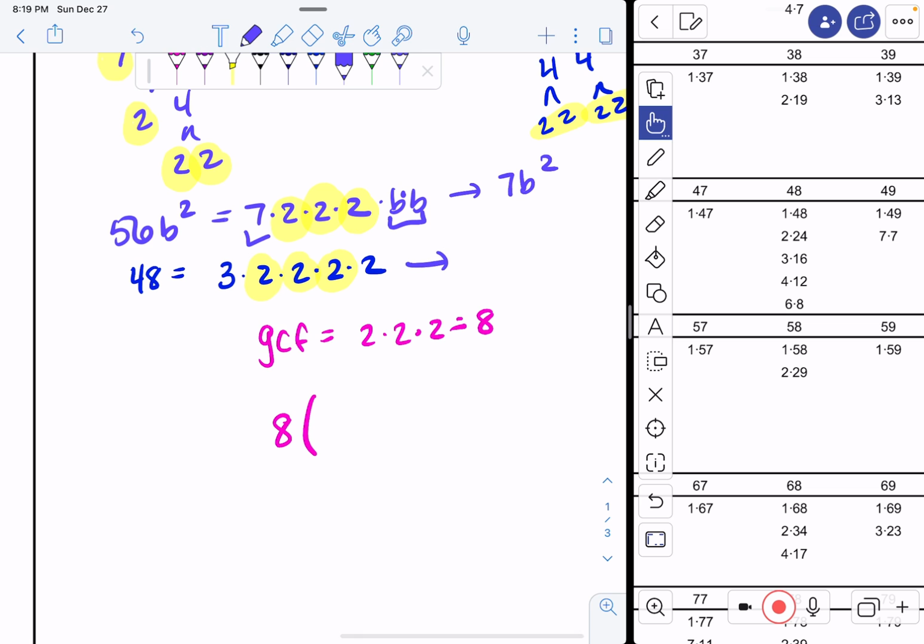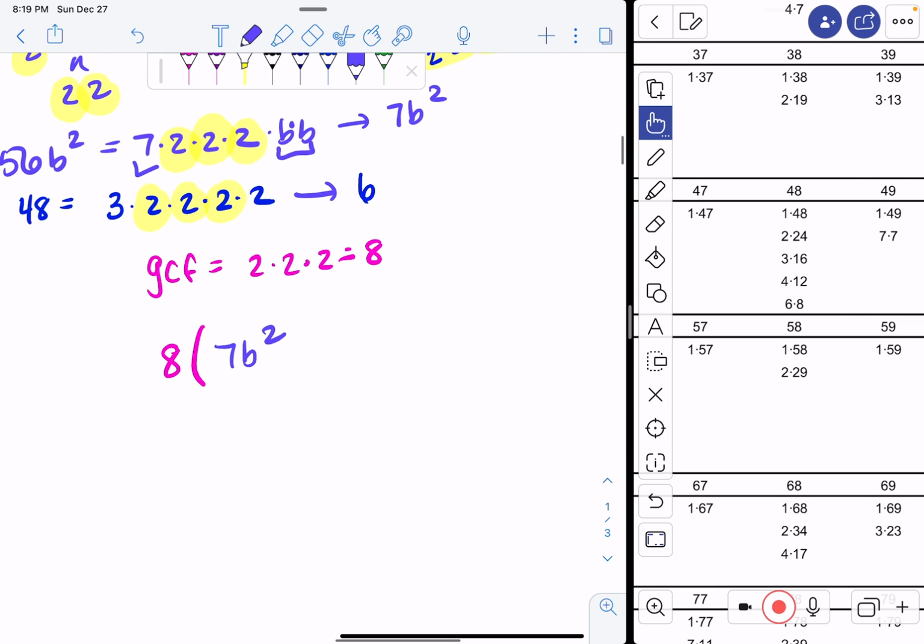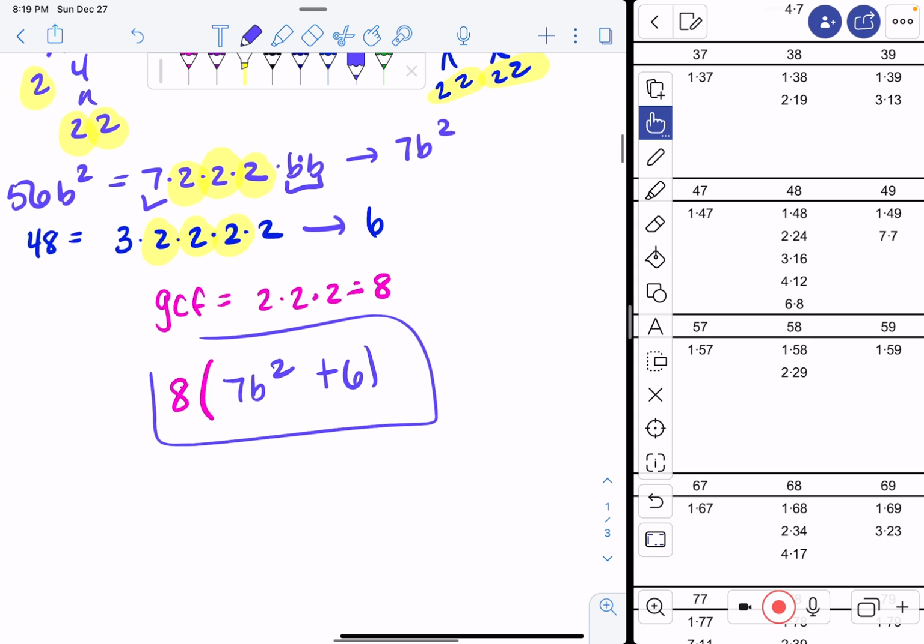And here, my leftover is going to be 3 times 2, which is 6. So my final answer is going to be 7b squared plus 6. And that's your final answer.